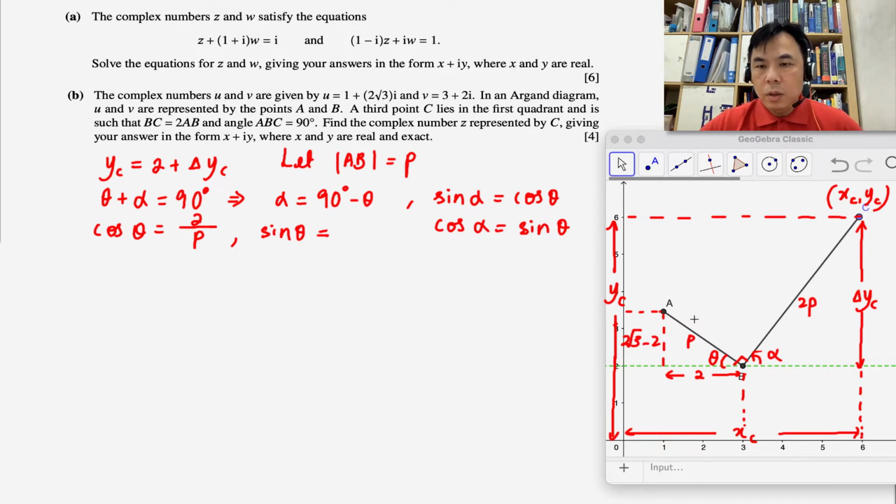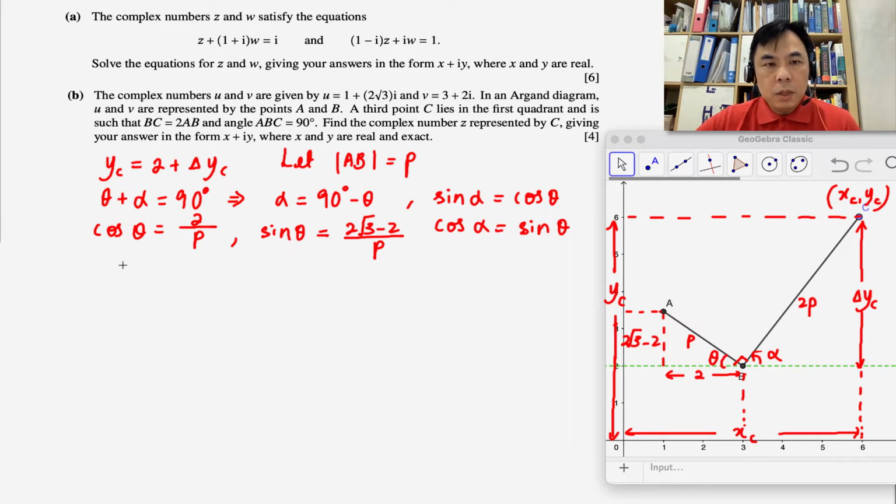So therefore, the ratio of sine is 2 sec 3 minus 2 over p. Now that will be the trigonometry ratio for sine theta and cosine theta.